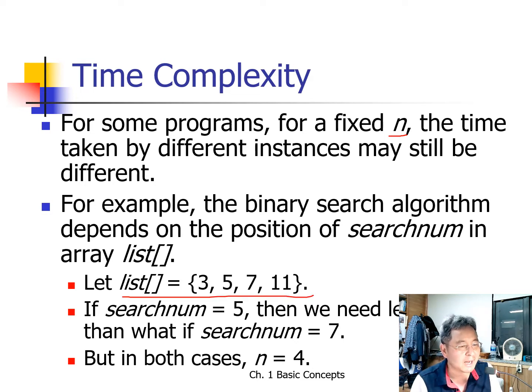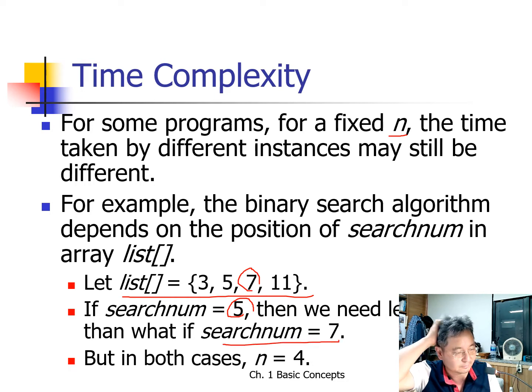And this example is such an example. The data is 3, 5, 7, 8. If the search number is 5, then we will search faster than when searching for 7. Because if we consider the sequential method, 5 will be found in 2 steps, and 7 will be found in 3 steps. So 5 needs fewer steps than 7.